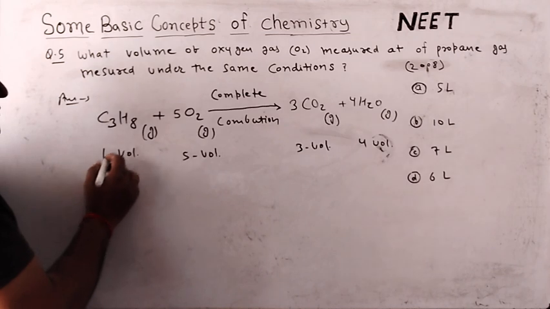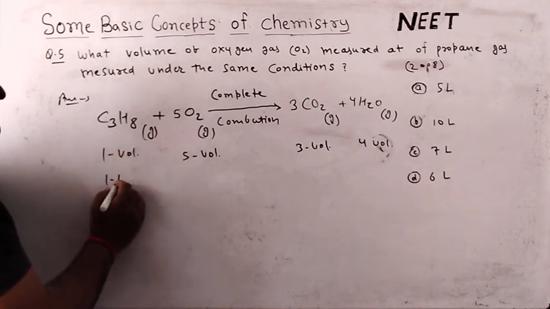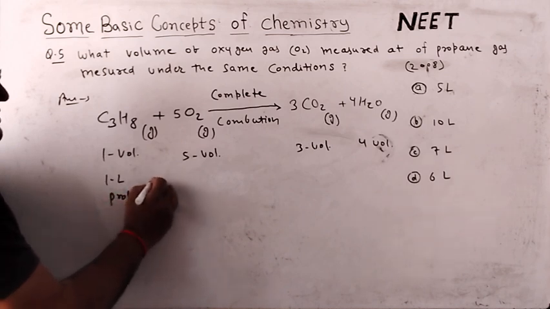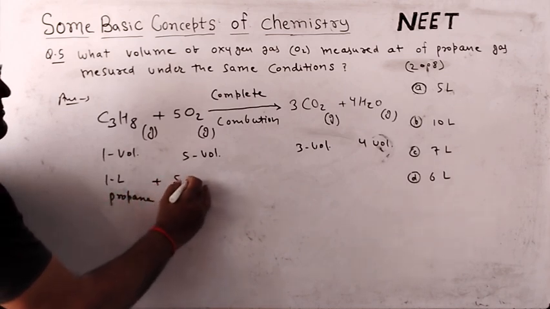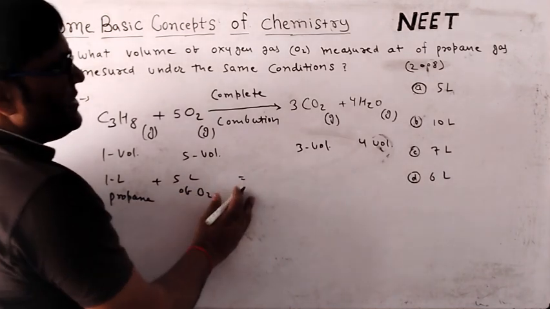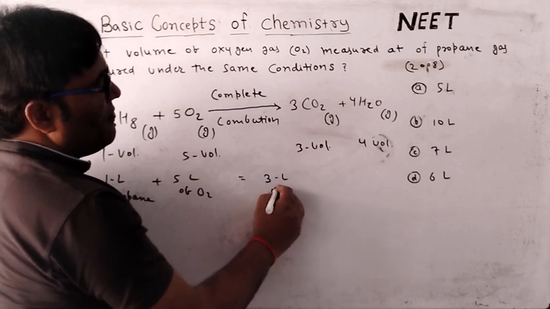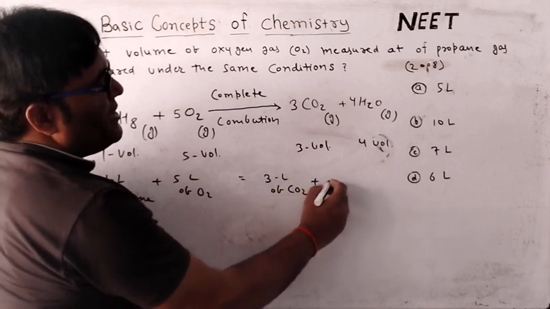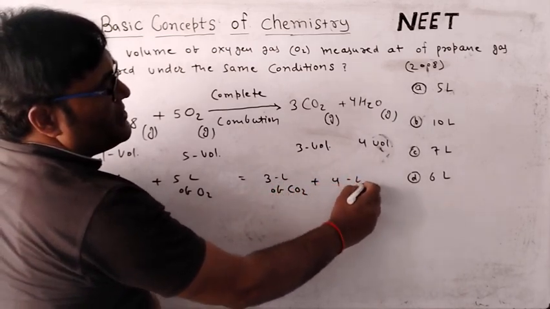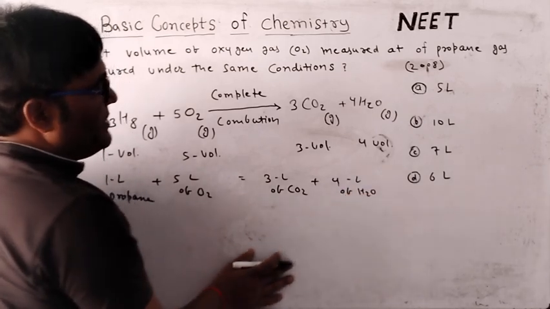Now whenever 1 liter of propane reacts with 5 liters of O2, then 3 liters of CO2 and 4 liters of H2O are produced.